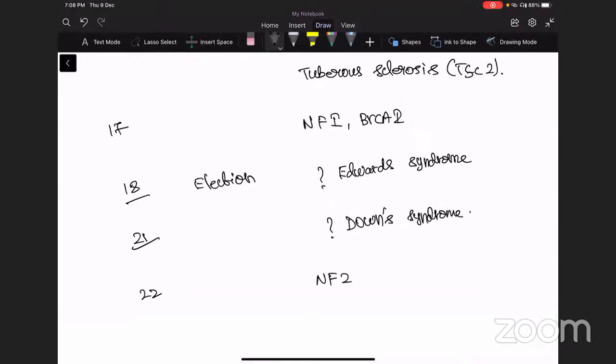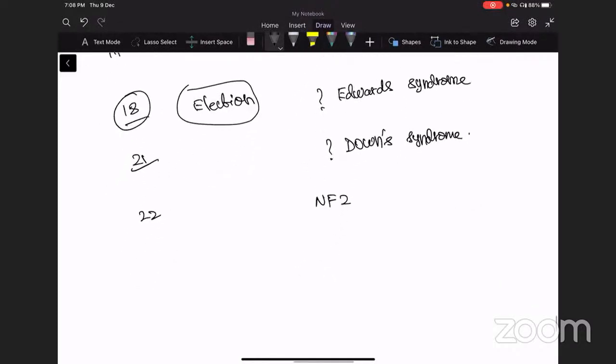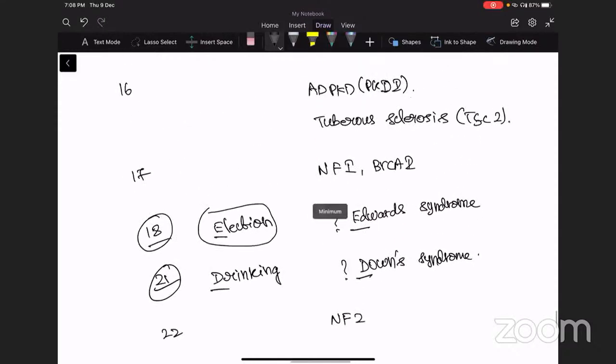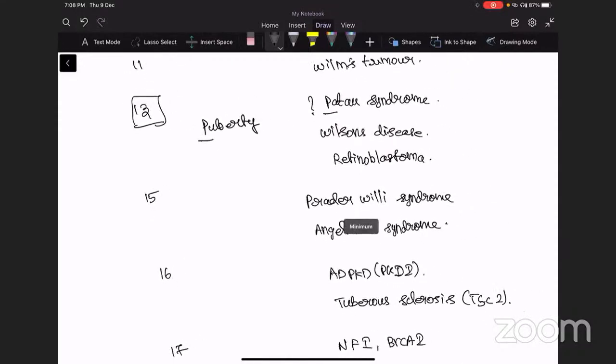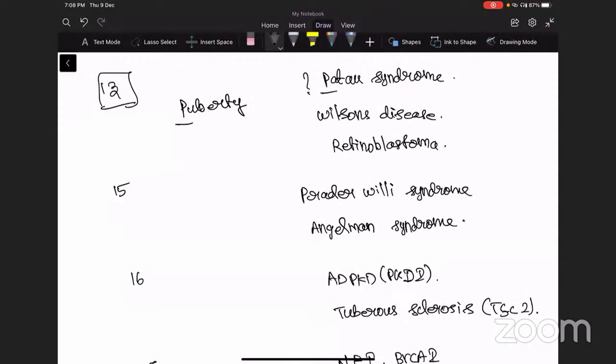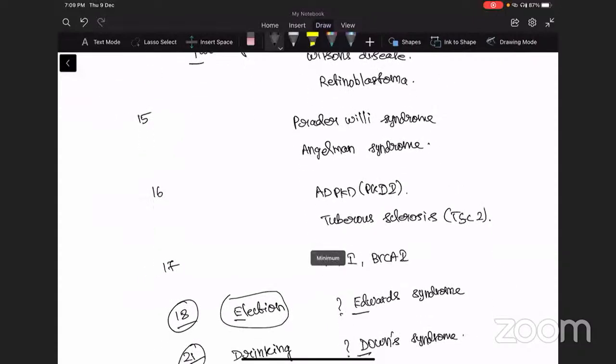Election age is usually 18. Drinking age is 21. D for D, E for E, and P for puberty, Patau. Can remember like this.